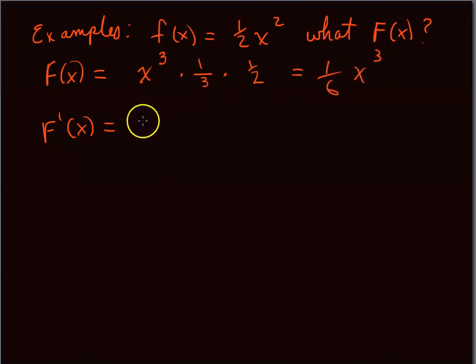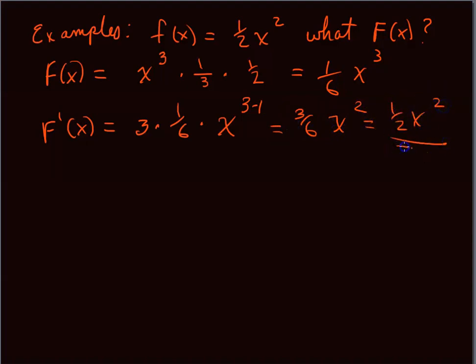I multiply, so it's 3 times the 1/6 times the x, subtract 1, and 3 times 1/6 is 3/6 x squared, or 1/2 x squared. So this is the function little f, and big F must have been this. Does that make sense?